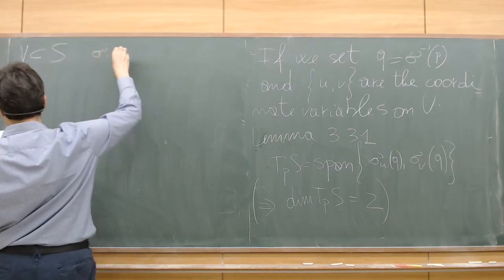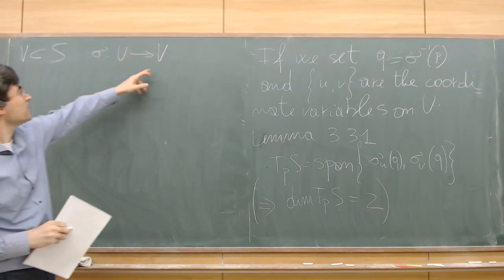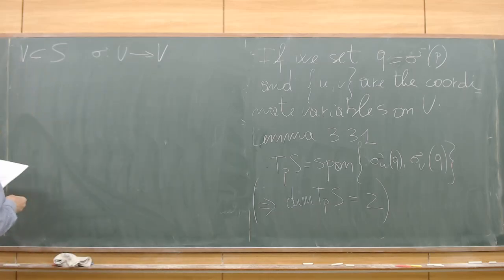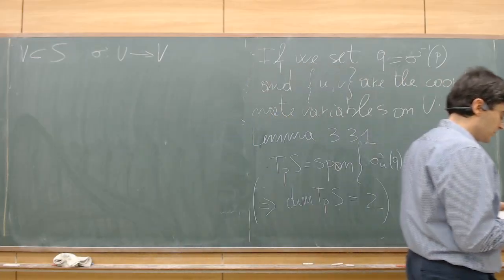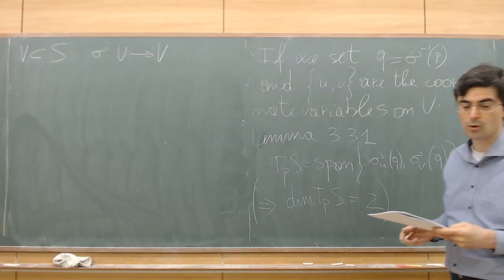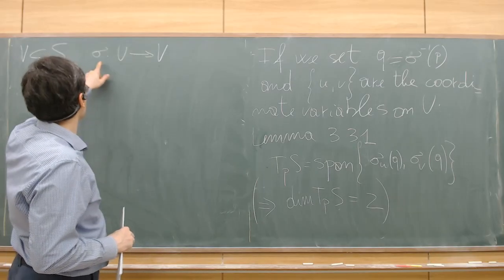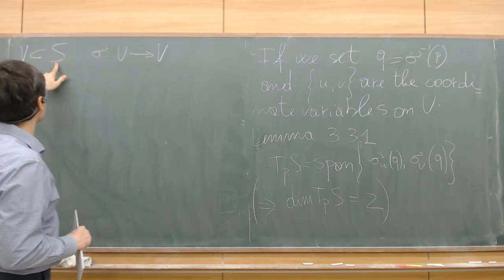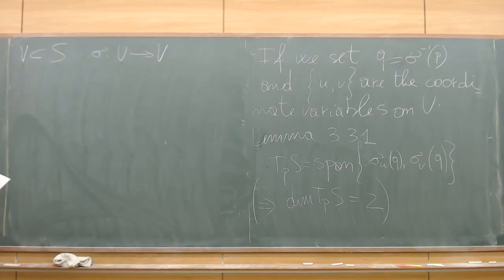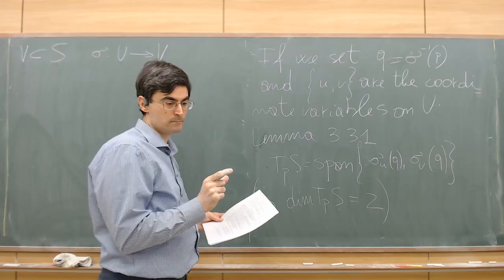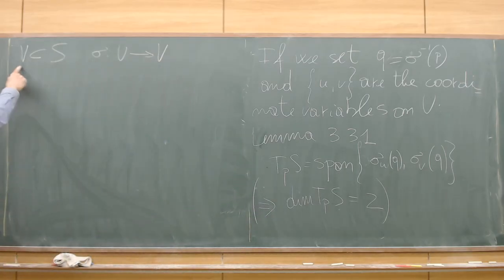So sigma takes values in V and it is defined on U. Now, since the definition I gave before, definition of regular curve in S, is local, then instead of working with regular curves in S, I can work with regular curves in V, up to taking the restriction of a curve to V.